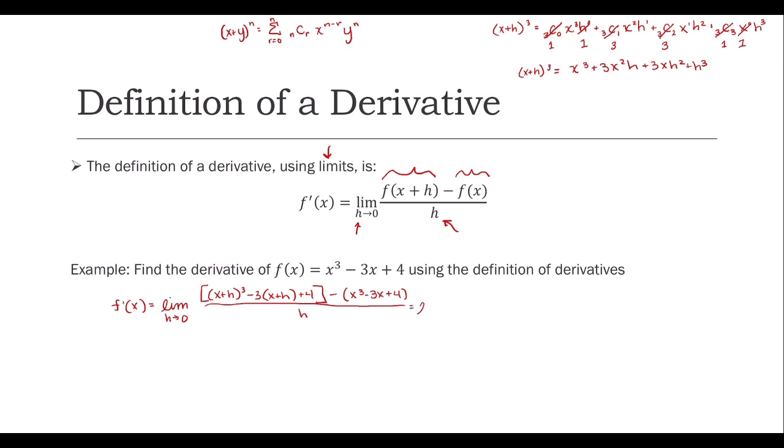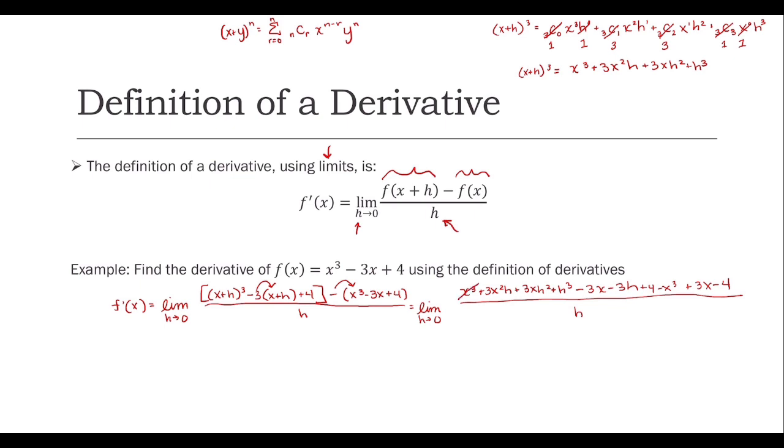So this will equal the limit as h approaches 0 of x cubed plus 3x squared h plus 3x h squared plus h cubed, minus, we have 3 times x minus 3 times h plus 4, and then we have minus x cubed plus 3x and minus 4, all over h.